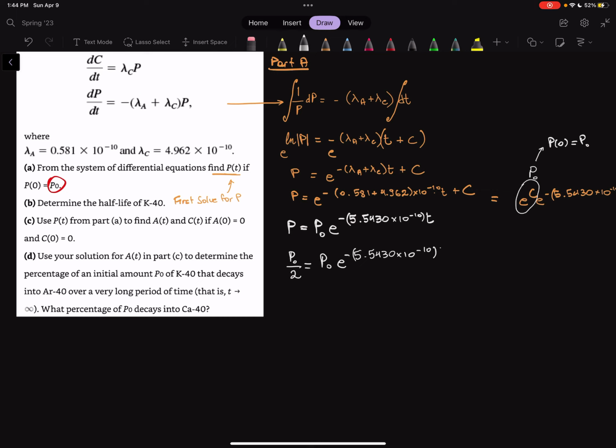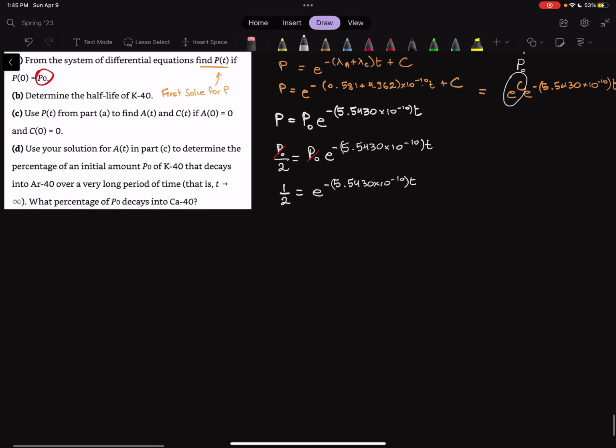So you notice that the p's cancel out, and you get that 1/2 is equal to e to the negative 5.5430 times 10 to the negative 10 times t. Now, if I take the natural logarithm on both sides, I get ln of 1/2. But remember, the logarithm tells me the power that I need to raise e to get to the argument.